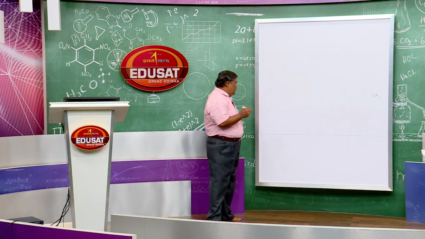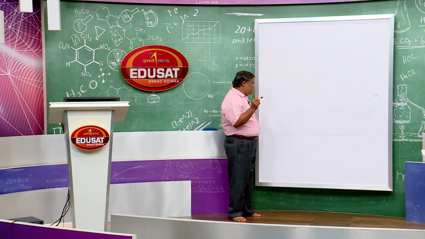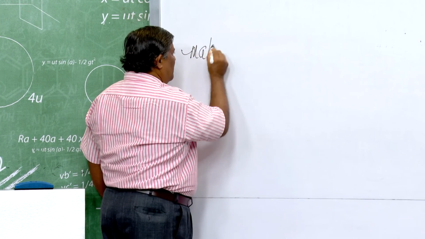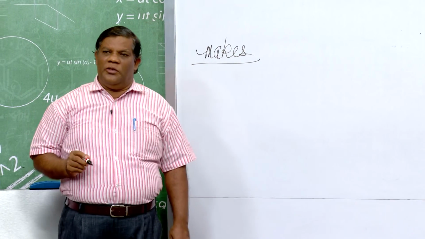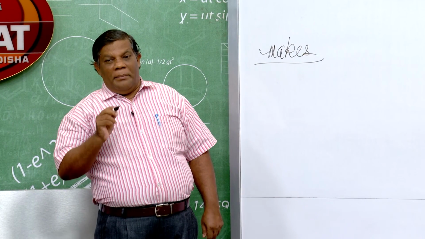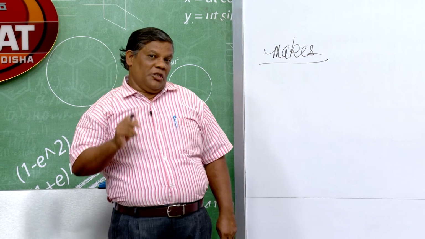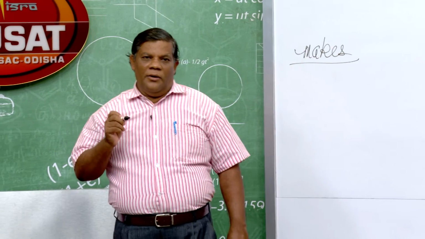In the sentence 'This man makes beautiful kites', makes is the verb that carries tense, because a verb must carry tense.